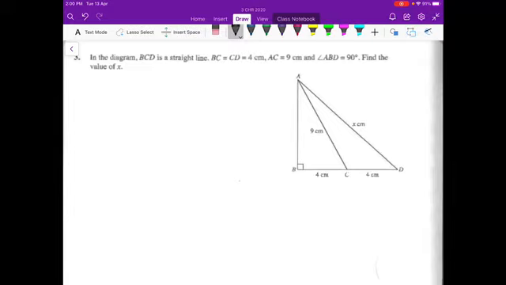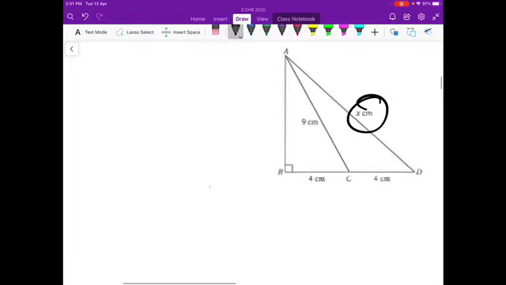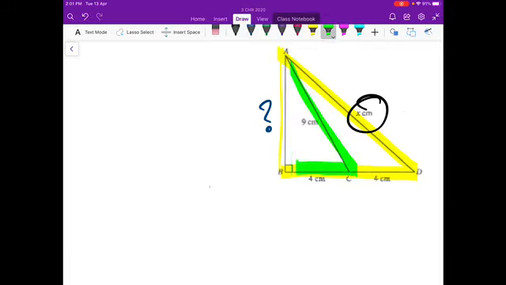Find the value of x. Where's x? Okay, x over here. To do this, we need to use this triangle. ABC, yes, ABC.